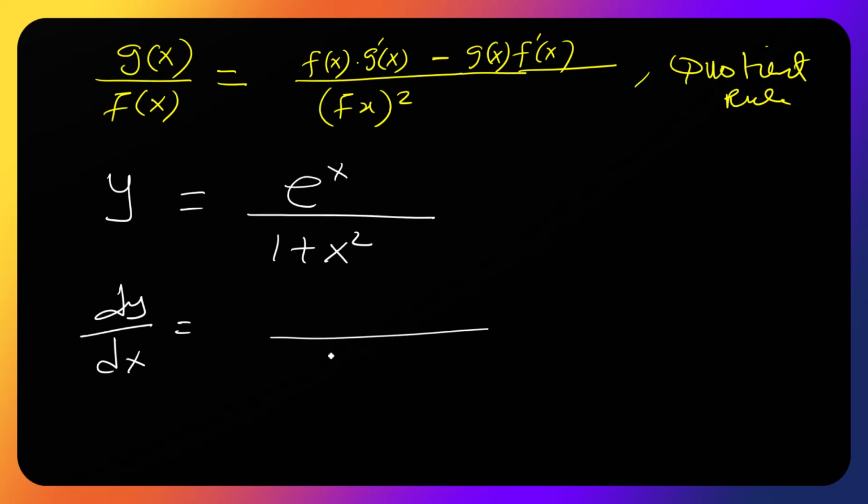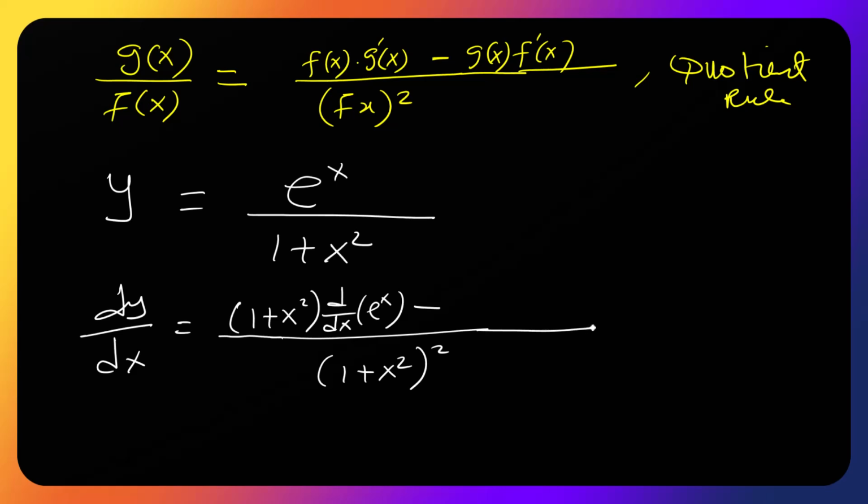I will square the denominator, 1 plus x squared, all squared, and keep it here. Then take the derivative of the top one, minus, this time keeping the top one and differentiating the down one. So that is how it should be.